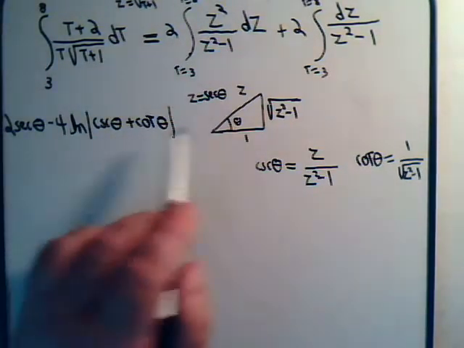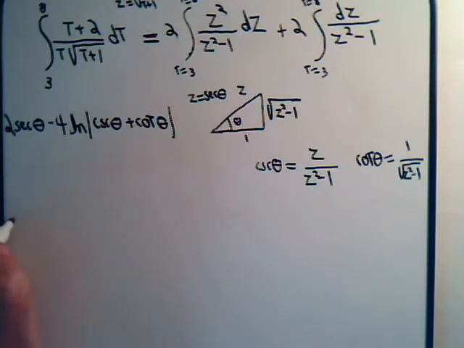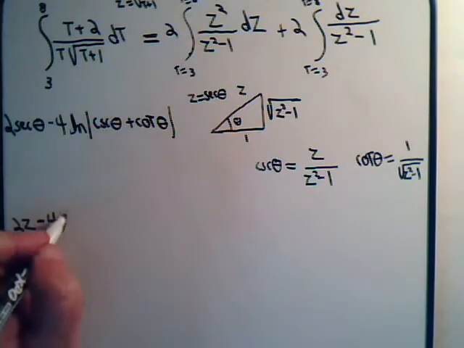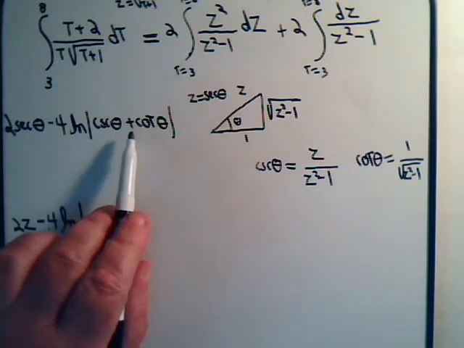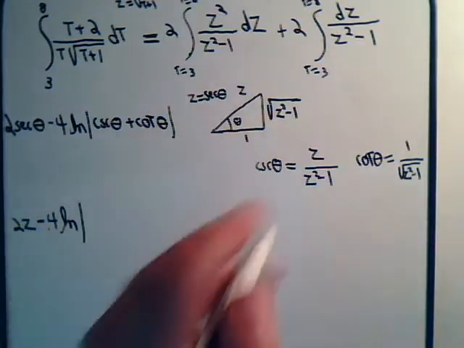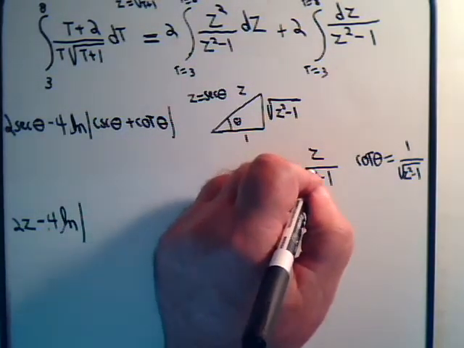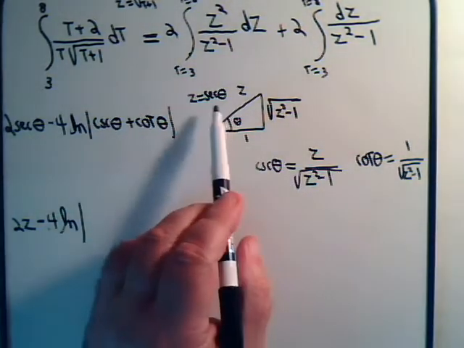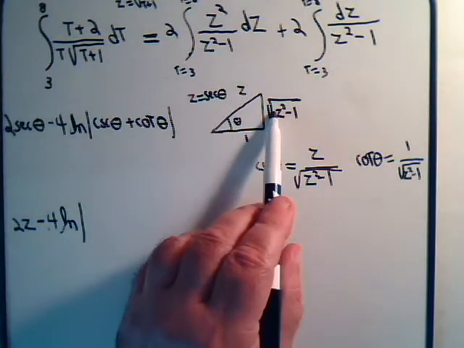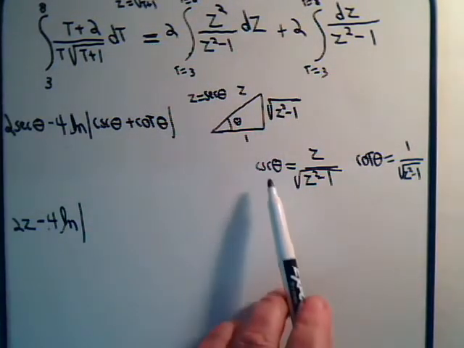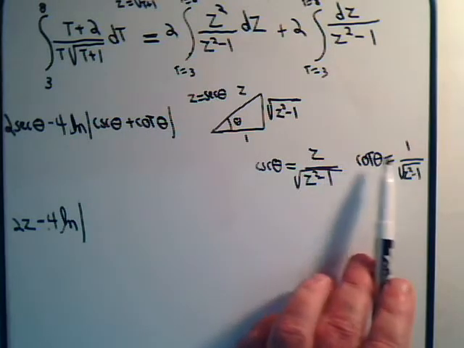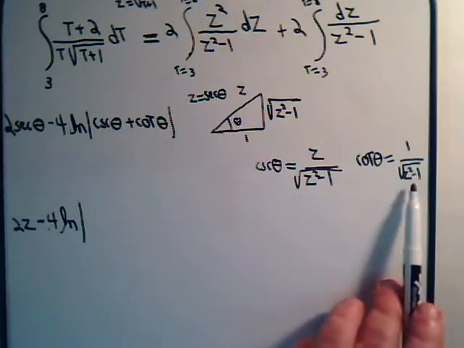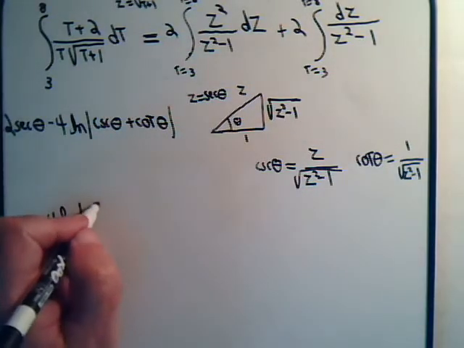The secant of theta is just z, so we have 2 times z minus 4 times the natural log of the cosecant of theta plus the cotangent of theta, and this right here is a square root sign. Hypotenuse is z divided by the side opposite. So this is going to be the cosecant plus the cotangent, z plus 1 divided by this common denominator.